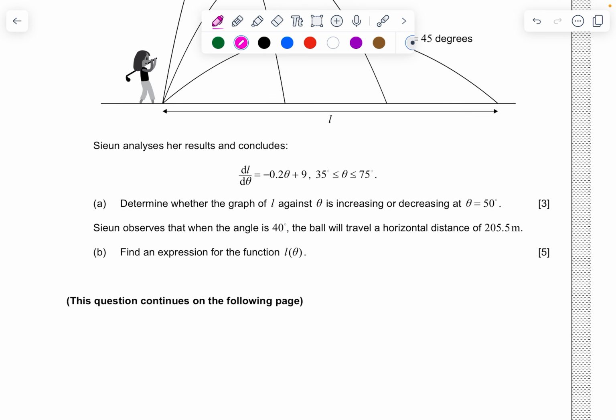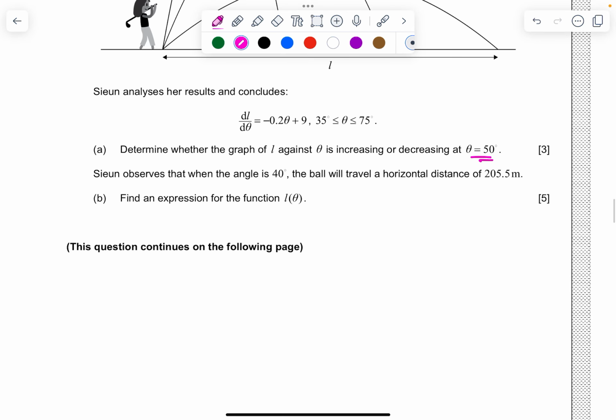So to see whether it is an increasing function or a decreasing function, we have to check at theta equals 50 degrees. So what am I going to do? L prime at 50 is going to be minus 0.2 times 50 plus 9, which is minus 1.